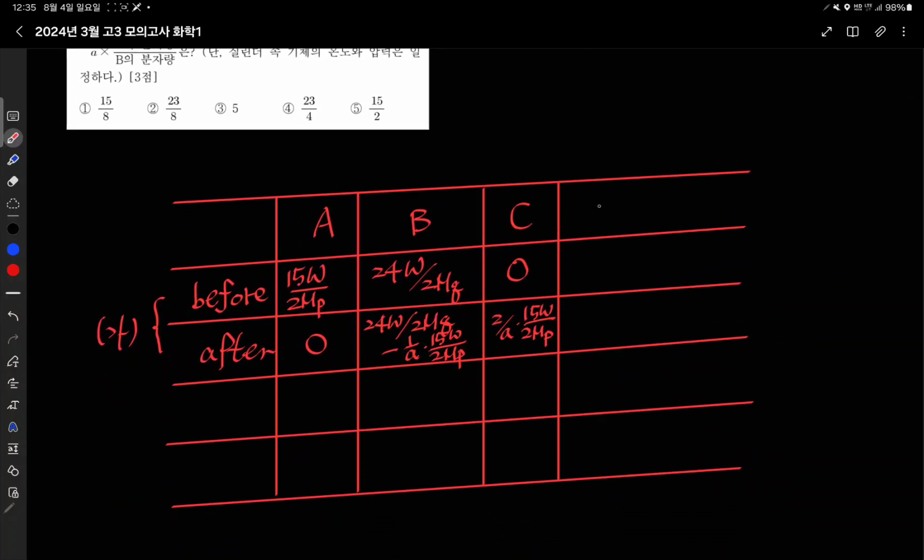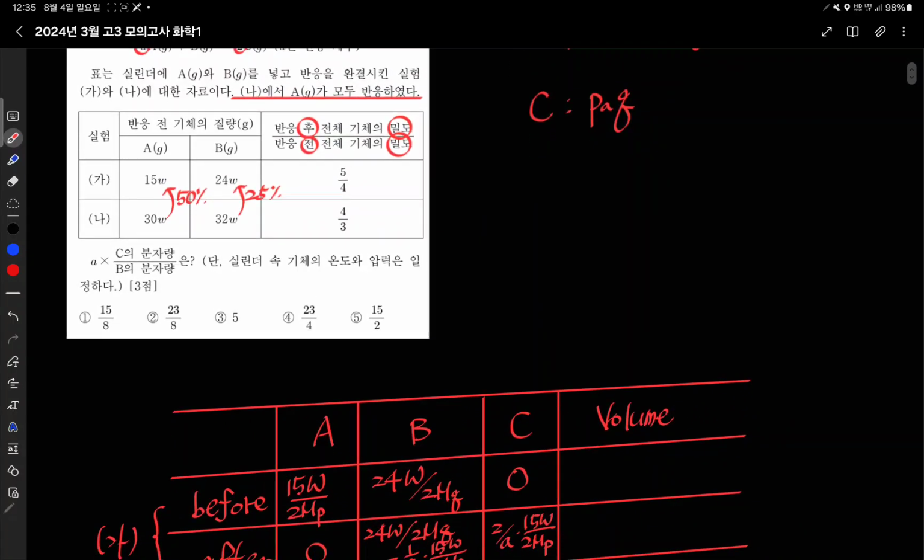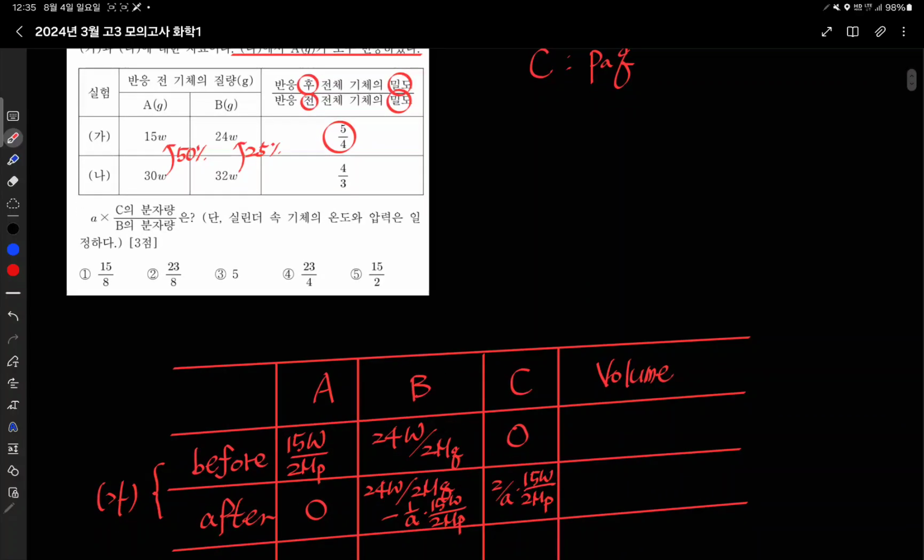And for the volume, if the density increased after the reaction, the volume decreases with the opposite ratio.